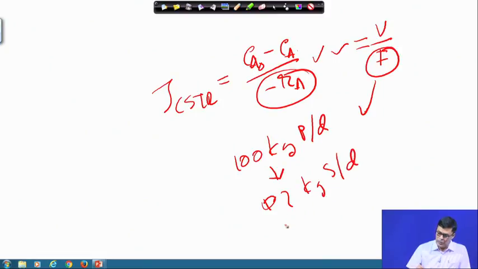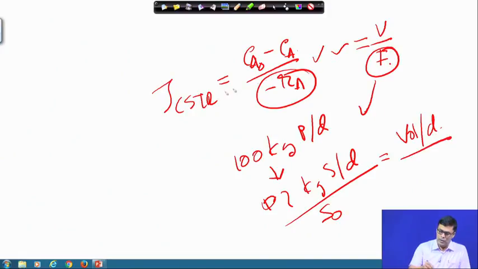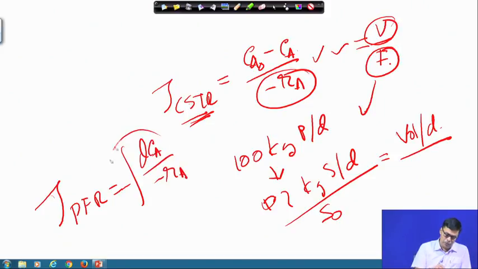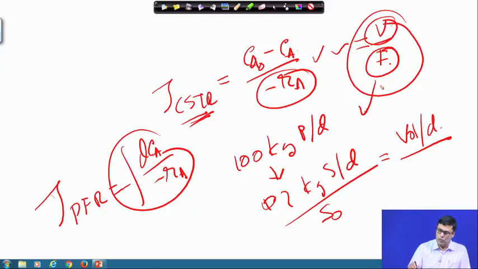If you know the initial substrate concentration, you can find the volumetric flow rate. Then you calculate the tau CSTR value and find the volume of the reactor. The same thing is applicable for the plug flow reactor. Tau plug flow reactor is the same as the batch process, the integral of dCA by minus RA. The same correlation holds good, you find F in the same way and you can find the volume of the reactor.